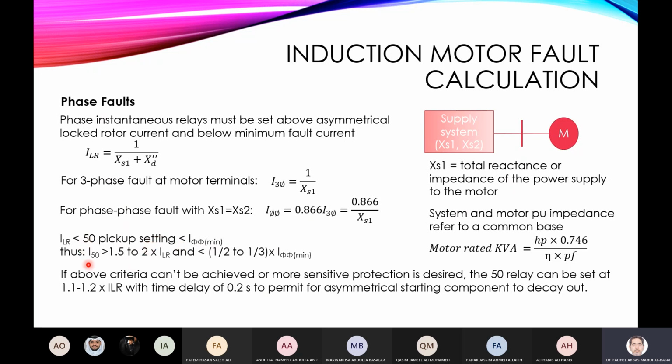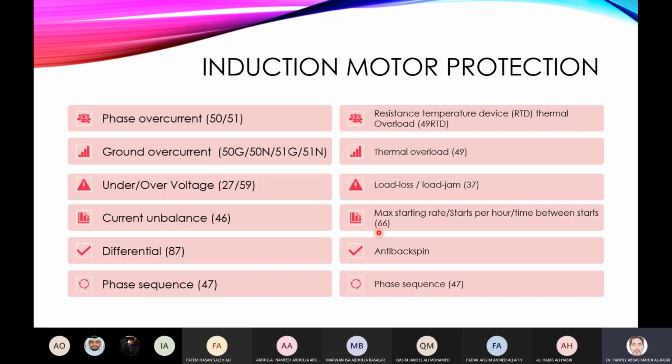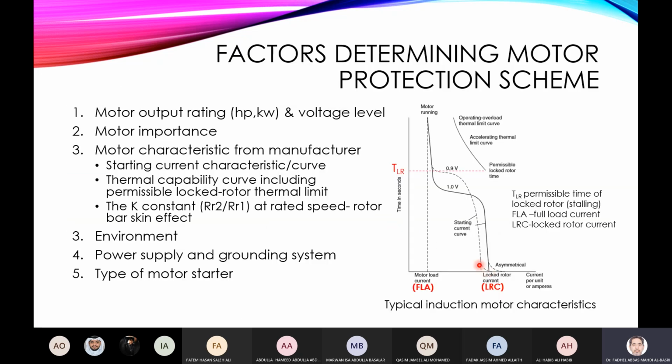As a rule of thumb, we would use pickup settings higher than 1.5 to 2 times the lock rotor currents, to overcome the asymmetric current, which I showed you here. The current is not exactly symmetrical, but due to a DC component it has higher current.